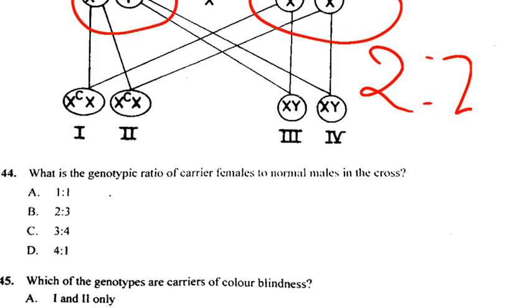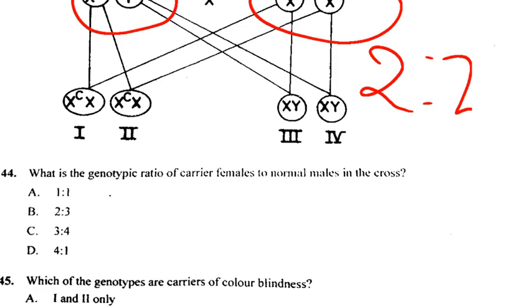Genotypic ratio is a ratio, that is a 1-to-1 relationship or 2-to-2 relationship, 3-to-3 relationship, specifically looking at the genotype of the individuals concerned. So the genotypic ratio of this particular cross is 2-to-2. However, in our options, there is no 2-to-2. Ratio can also be expressed as a fraction.